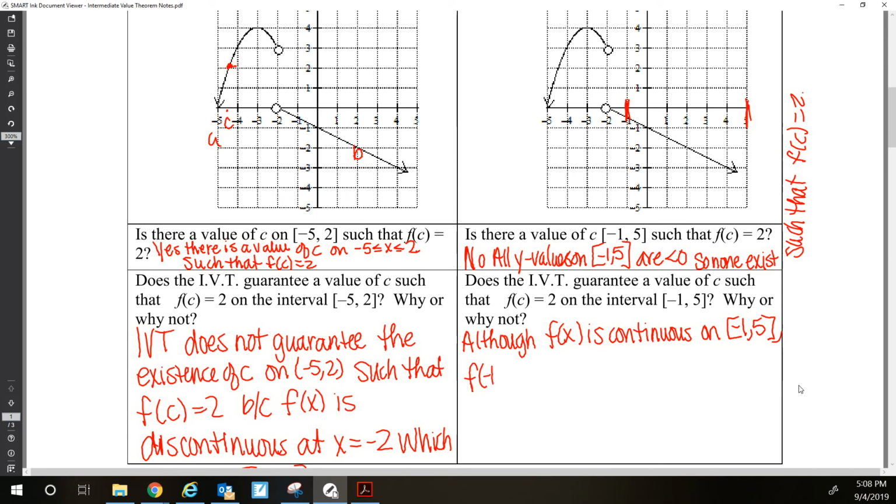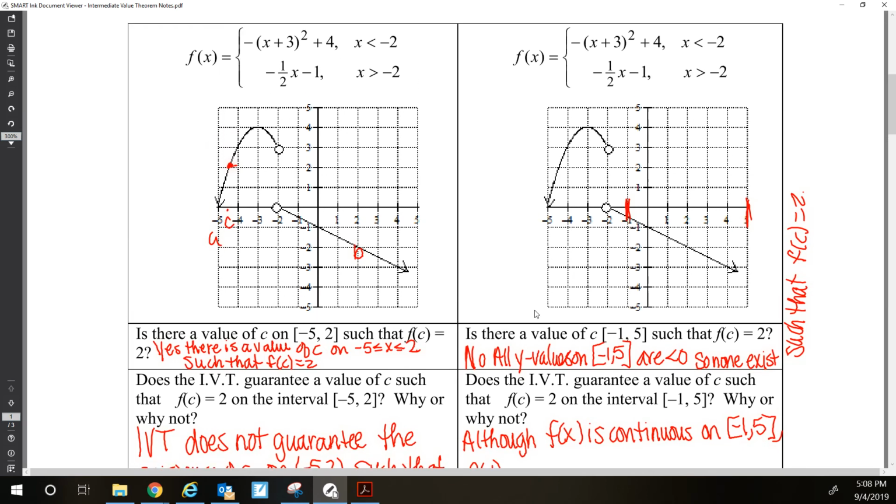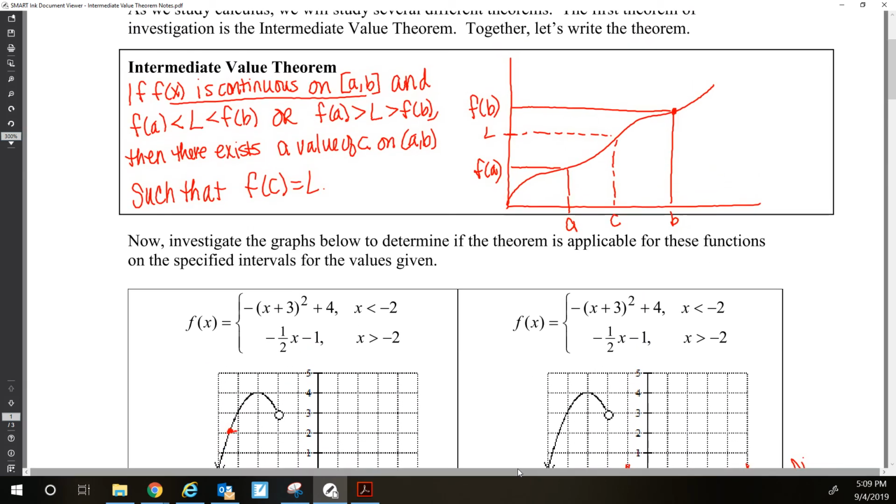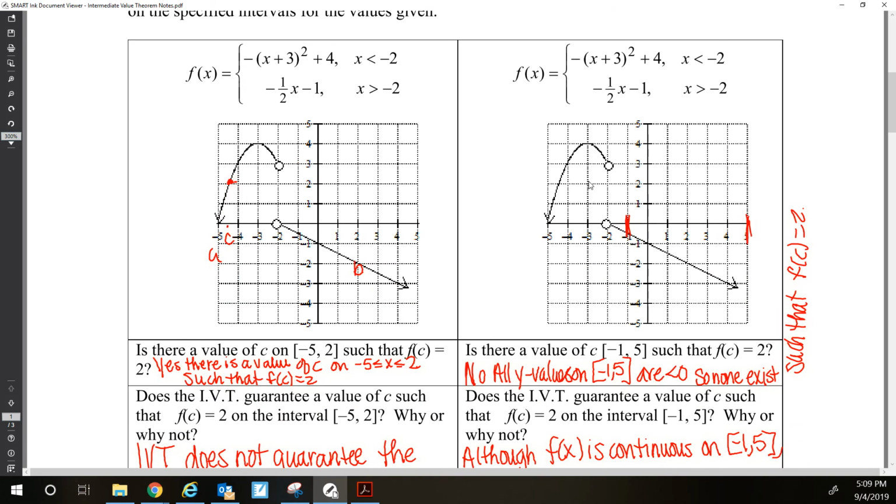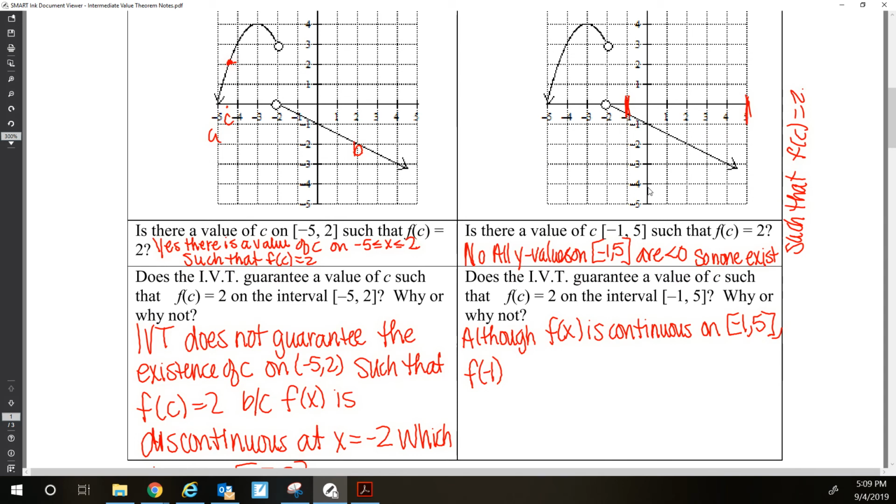what is our f of -1 value? Because remember, we've got to be able to find an L value that's between f of A and f of B. So f of -1 is right here. It's approximately, let's call it -1/2. And f of 5 is equal to, what would you call that? -3.5-ish?